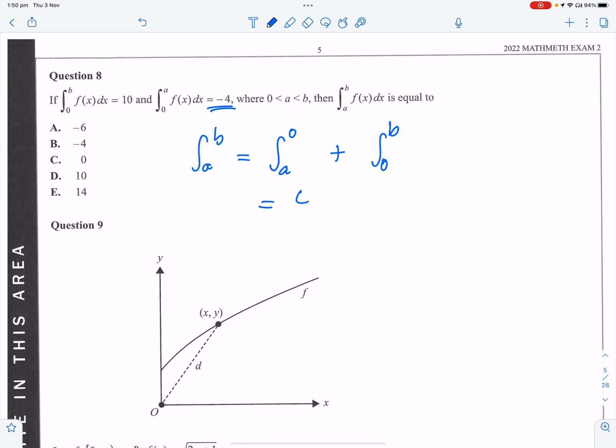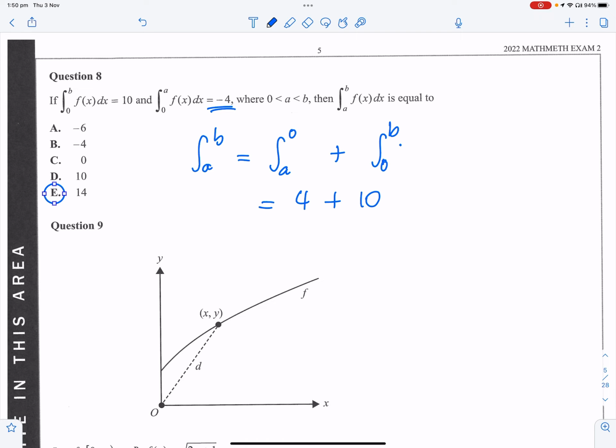So we know this is positive 4, and that's positive 10, so that's got to be 14. Does that make sense? A to 0 plus 0 to B.